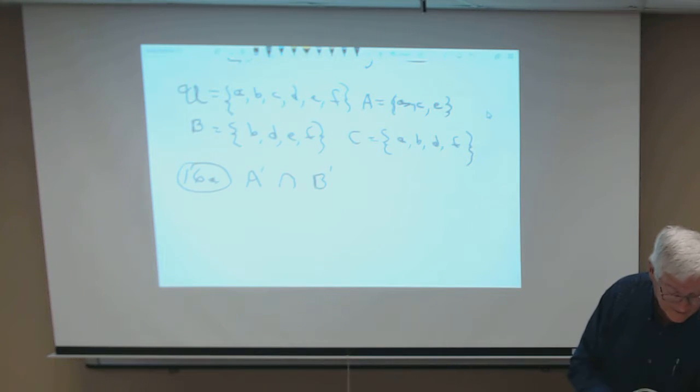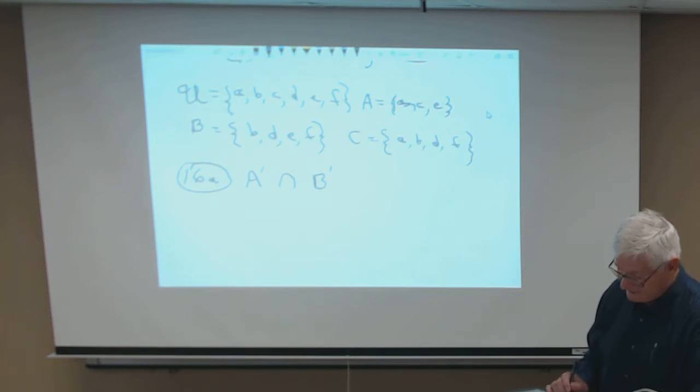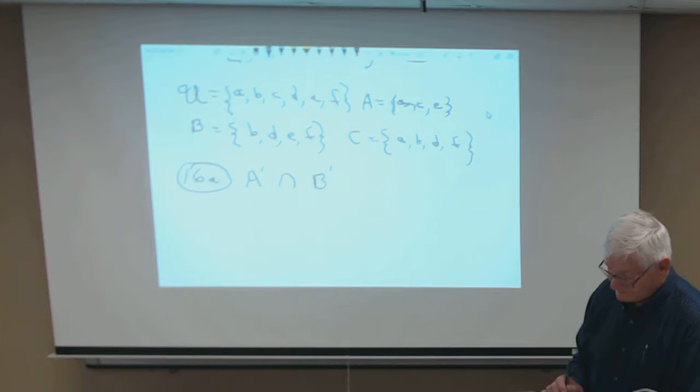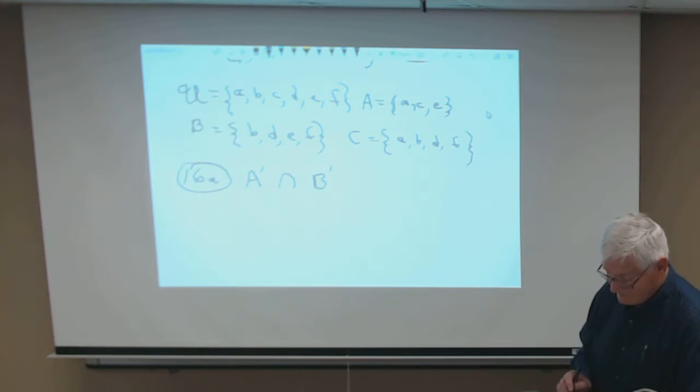Does anyone know what that little mark above A stands for? That's on page 65. Look at page 65 and see if you can read this. Can you read that A with the little mark on it?